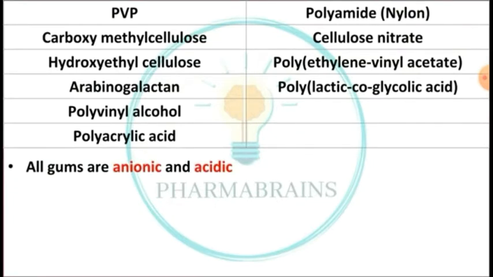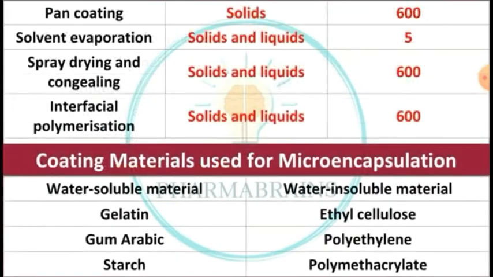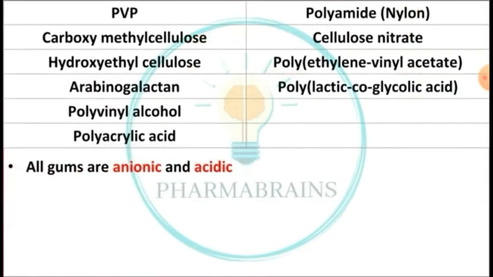Then the next process is pan coating, and the applicable core material is solid material, with a particle size of 600 to 5000 micrometers. The next process is solvent evaporation, and the applicable core material is solid and liquid, with a particle size of 5 to 5000 micrometers.